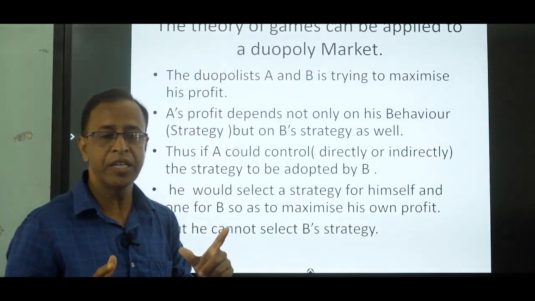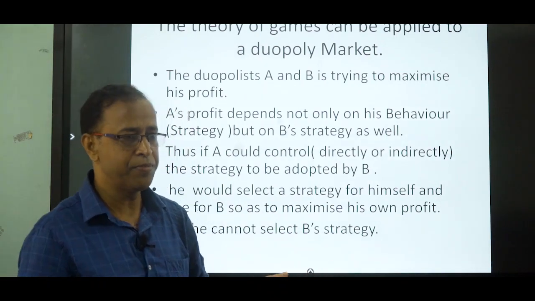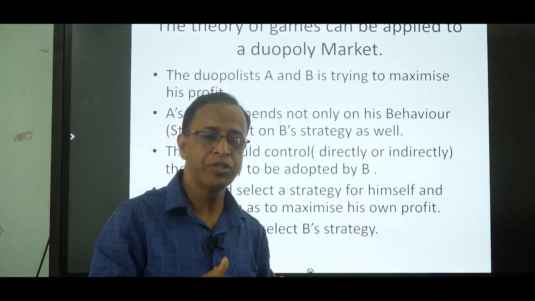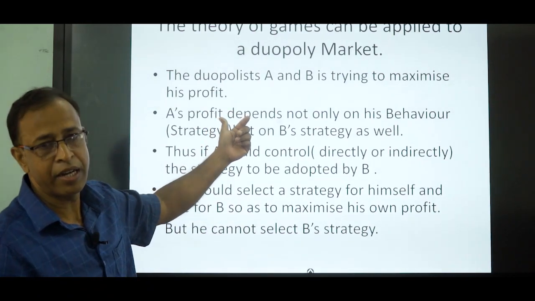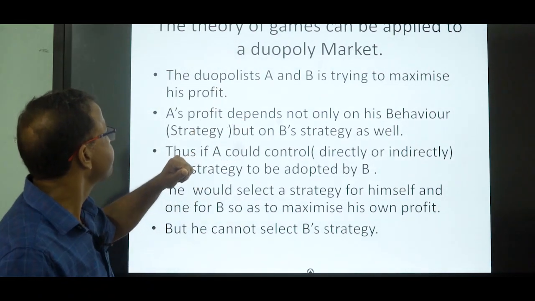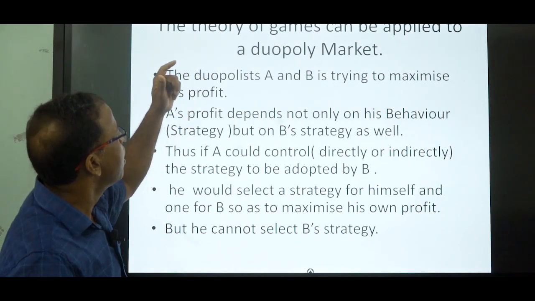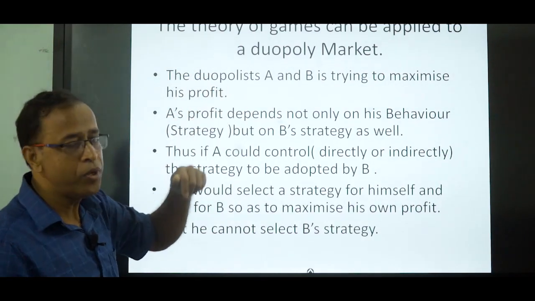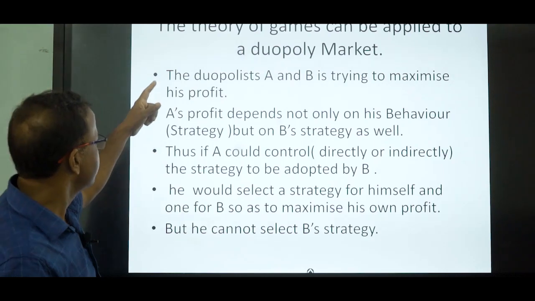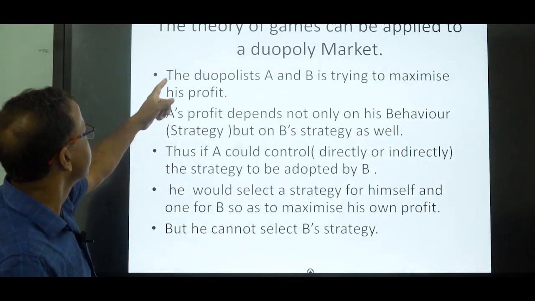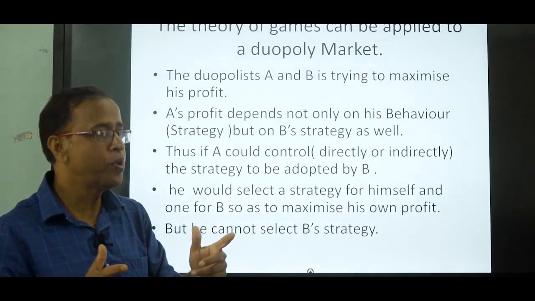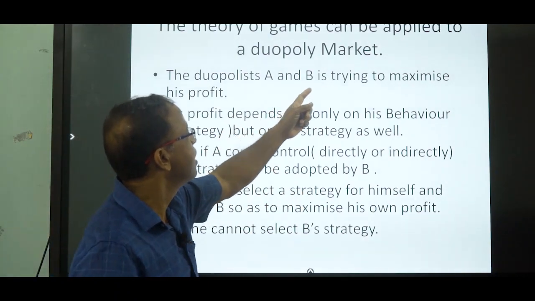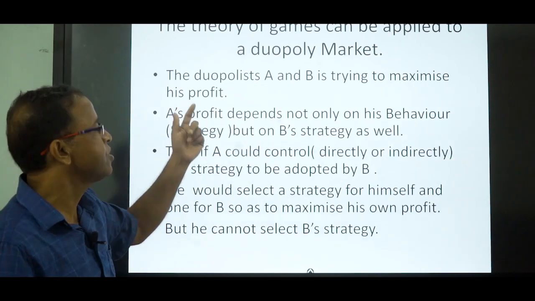Duopoly means two players, that means only two producers, and in that situation how do we apply game theory in this market? To apply game theory to the duopoly market, we discuss this point: the duopolists A and B, that means two players A and B, are each trying to maximize his profit.